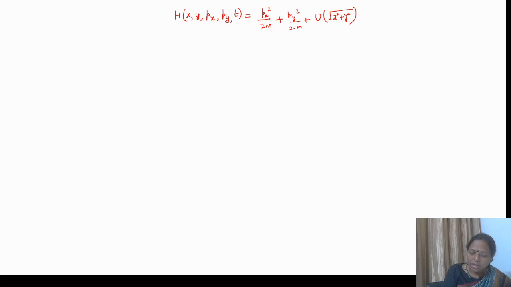So here x and y both are appearing in this expression. Now suppose I am considering a transformation and converting into polar coordinates.